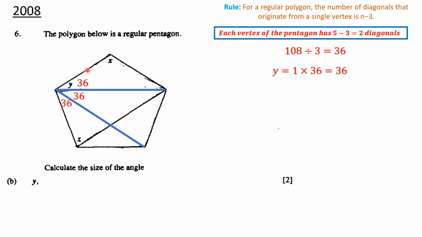So what that means is that from here to here, that's 36. And then in the middle, that's 36. And then from here, that's 36. And so we know that y is equal to 1 times 36, which is equal to 36, because y only accounts for one of the 36s, not all 3, just one that we need. And so y is equal to 36.